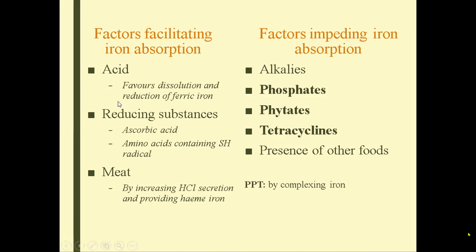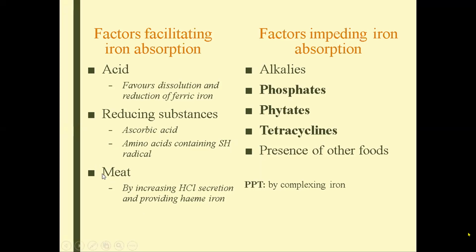You can see acid and reducing substances favor dissolution and reduction of ferric iron. The ferric form has to be reduced to the ferrous form, and it is the ferrous form that is absorbed. Reducing substances like ascorbic acid and amino acids containing SH radicals will enhance the absorption of iron.